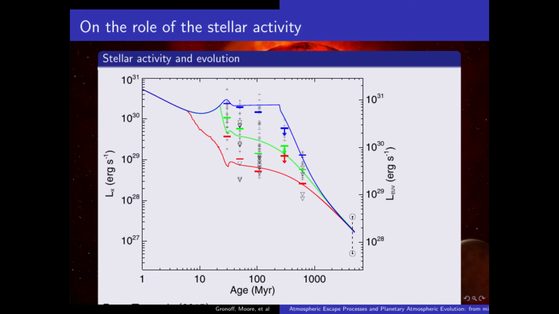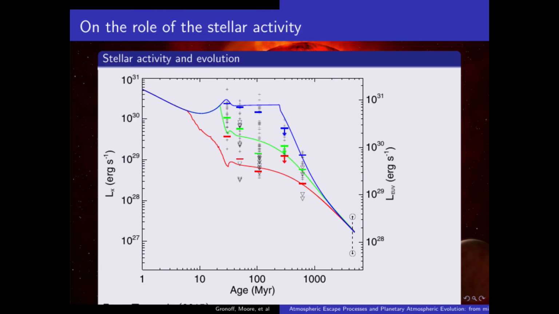It can be very high XUV flux, up to 10^30 erg per second in the early age of the Sun, and goes down to 10^27 erg per second for a more current Sun. The question is, how did it evolve in between these two ages?